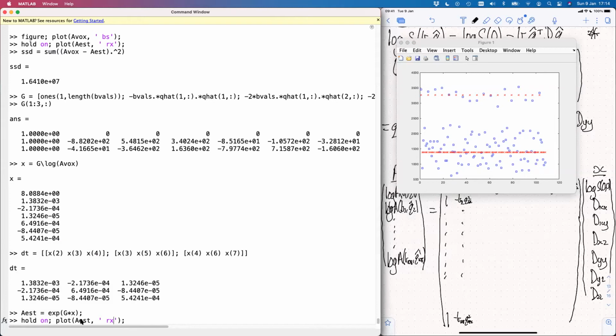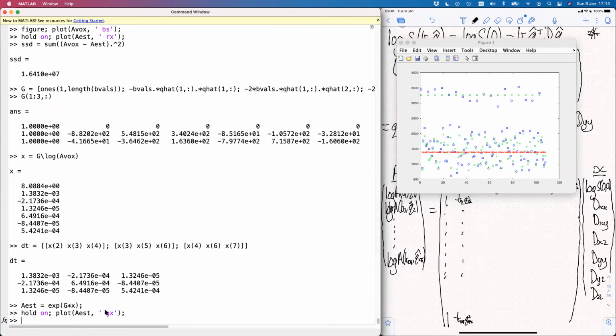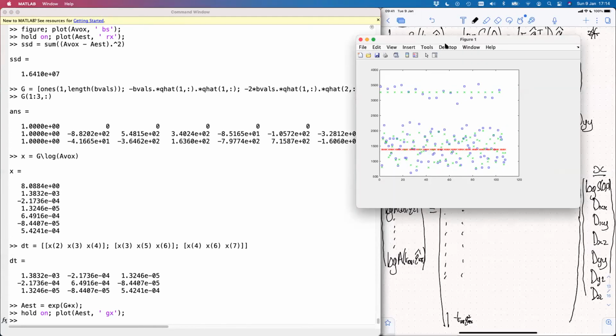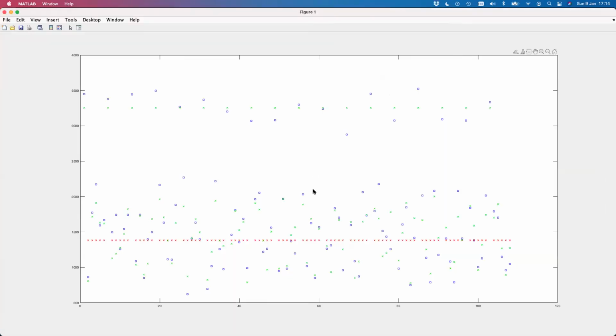So that's what we did before. Let's put them as green crosses this time, just so we can distinguish them. There they go. Let's see if we can make this bigger. So hopefully you can now see the green crosses have obliterated the red crosses for the estimates of the B0 signals, because they're exactly the same.